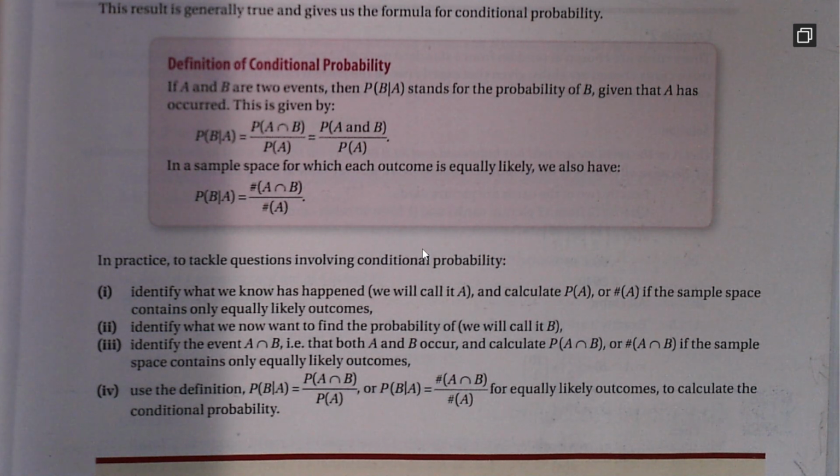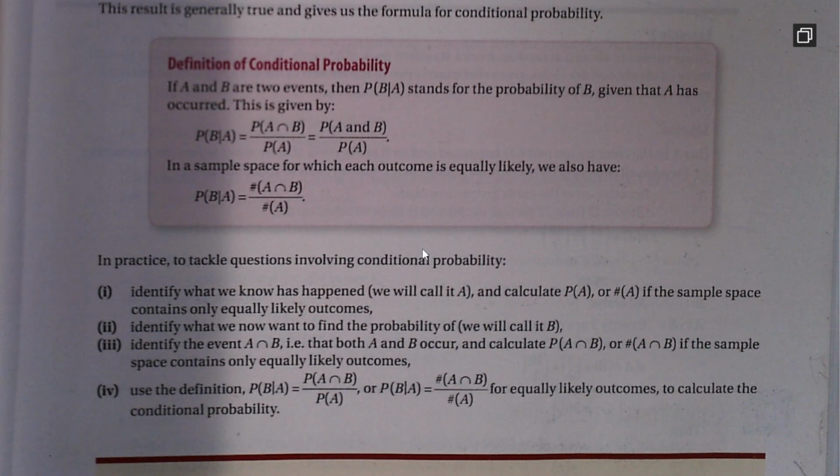So for example, take a dice. What's the probability of getting a 2? And then, what is the probability of getting an even number given that you get a 2?